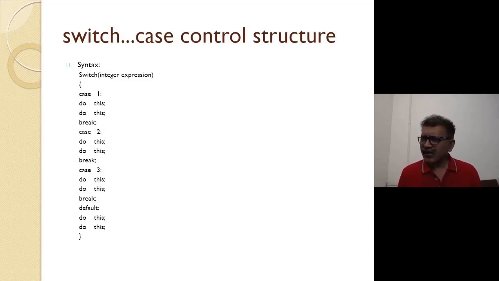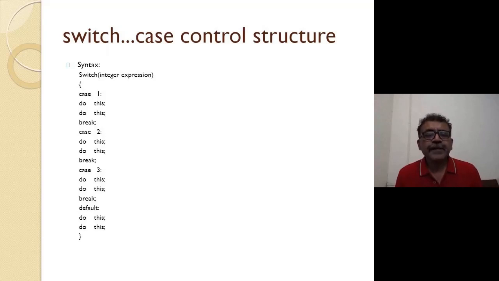I will just read, and directly we will shift to the live programming code. There is a keyword switch followed by some integer expression. Why have I written integer expression? Float is not allowed.